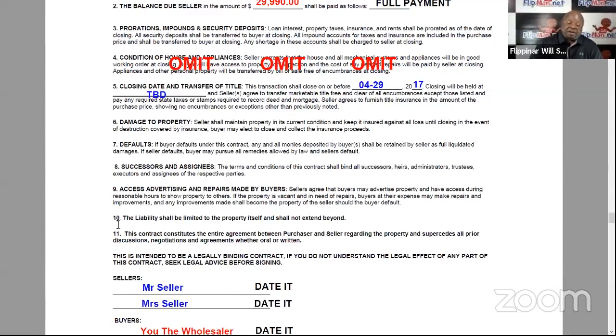Paragraph number 10, the liability shall be limited to the property itself and shall not extend beyond. Basically, if you don't buy it and the contract expires, it can't extend beyond the property itself. Now, does that prevent someone from suing you? No, it does not. People can still sue, but the law should be on your side. That's the best I can give you on that. I never had any issues with it.